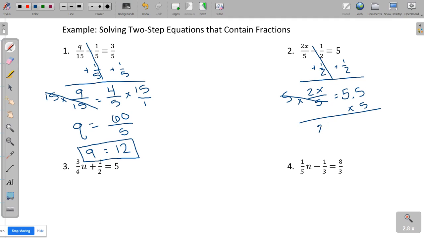Cancels out, leaves us 2x equaling 5.5 times 5 is 27.5. Now we're going to divide both sides by 2. X is going to equal 13.75.